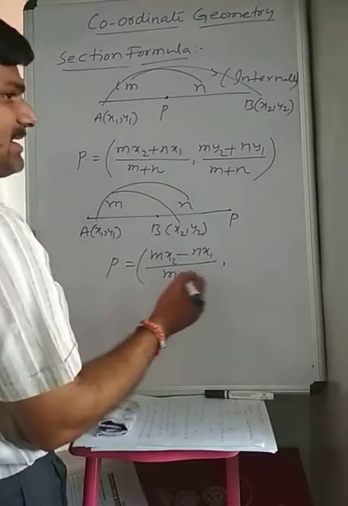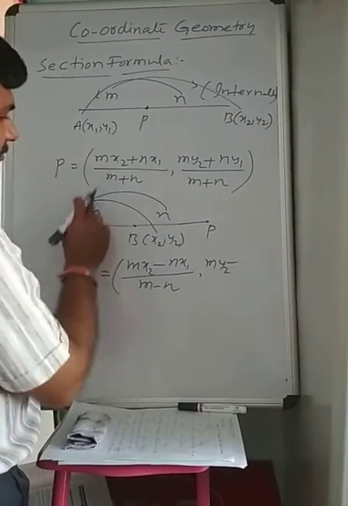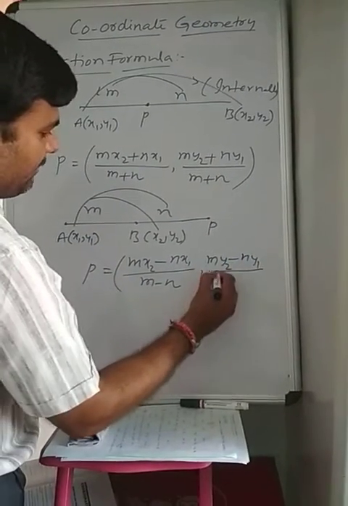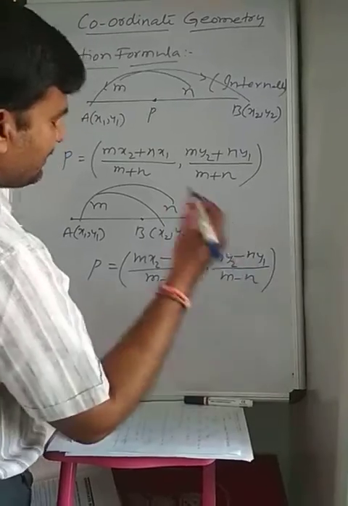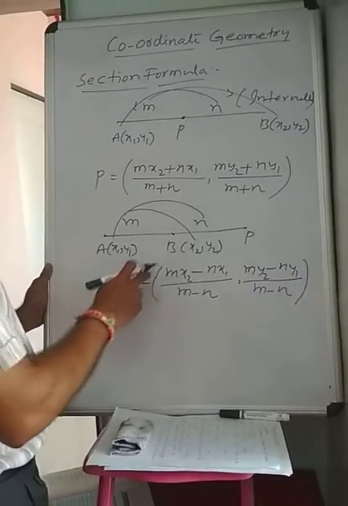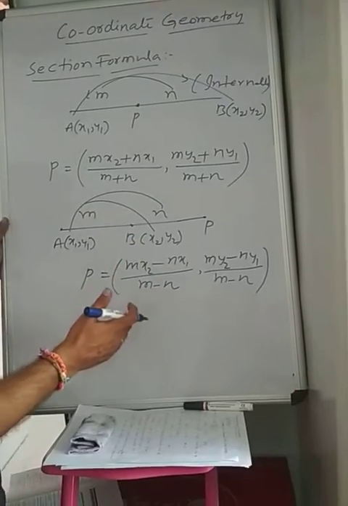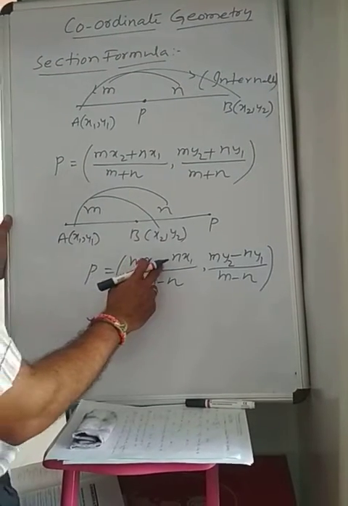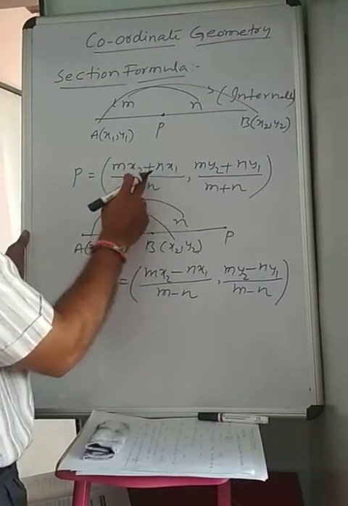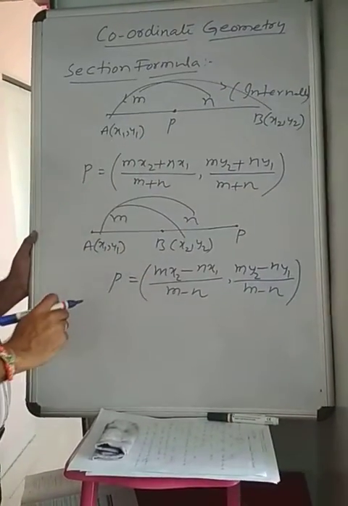Similarly, the y coordinate is (my2 minus ny1) divided by (m minus n). So this is the coordinates of P that divides AB in the ratio m is to n externally. When dividing externally we get the minus sign, and when dividing internally we get the plus sign. That is the difference between internal and external division.